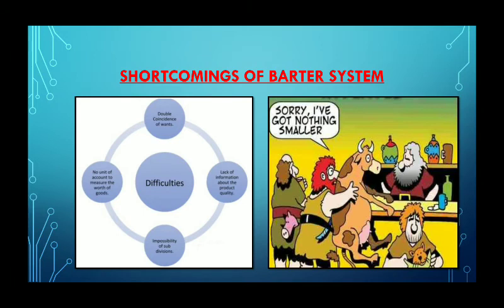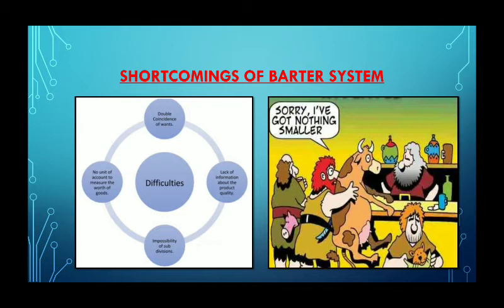Different difficulties or shortcomings include the very first, lack of double coincidence of wants. What does it mean? It happens when two persons may not desire to purchase each other's goods.